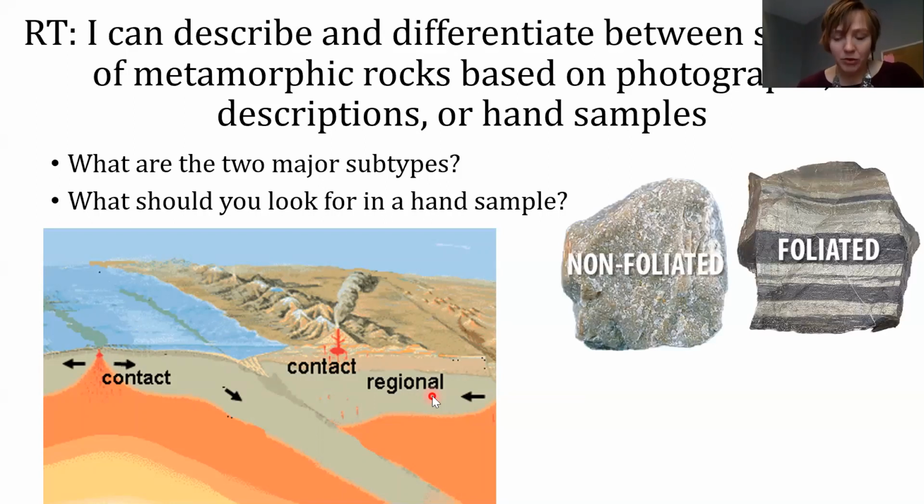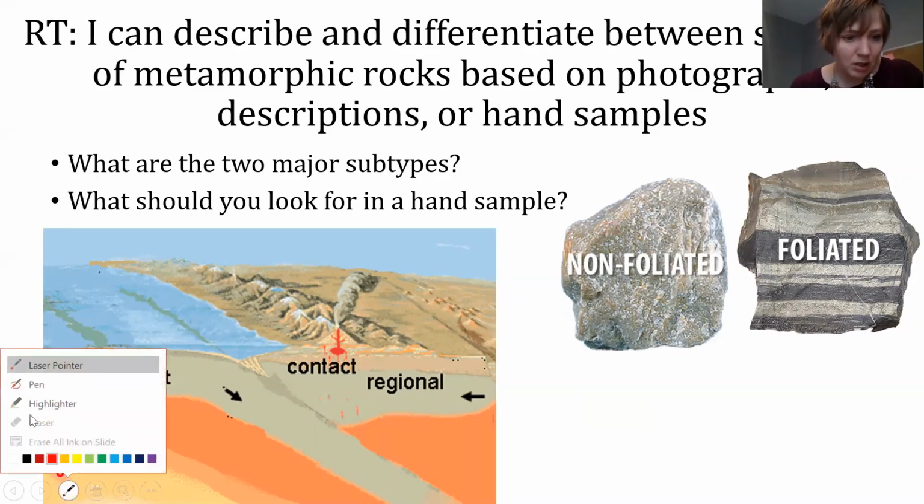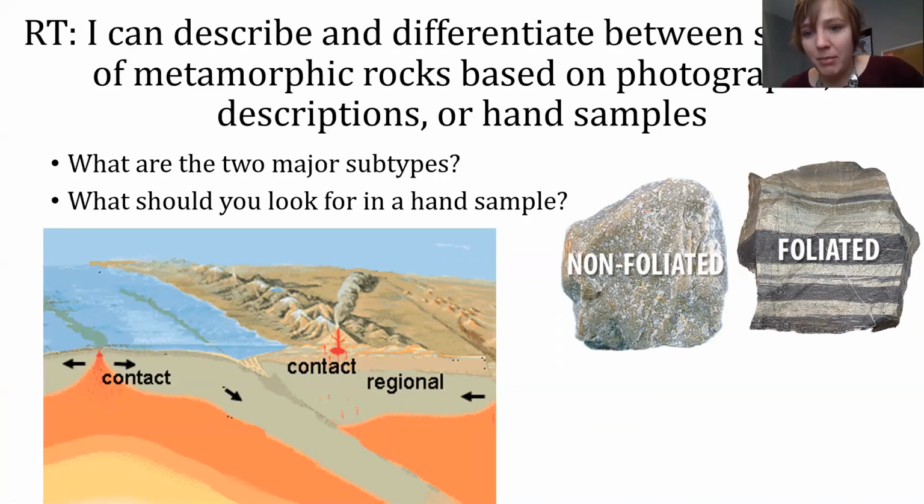So foliation refers to the banding of the mineral grains that can happen when you have a preferred direction of stress. So in the non-foliated rock, it has all of these minerals, but they're just sort of randomly aligned inside of the rock.